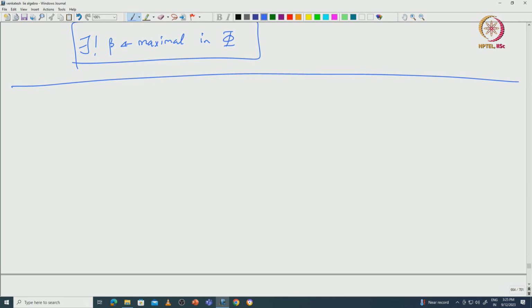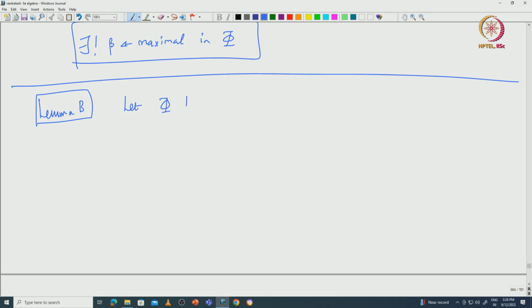Okay, we will observe something about the maximal root later. For that purpose, we need to observe something about the Weyl group action on this capital E. So let us see what we can say. Here is lemma B again for irreducible root systems.